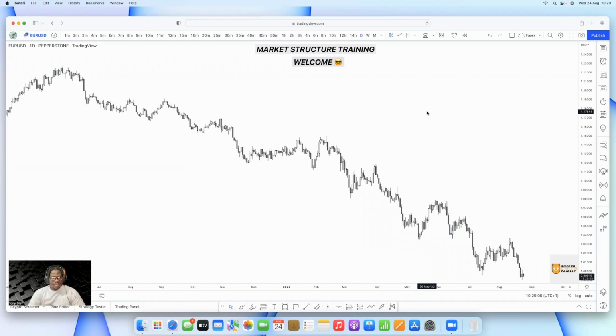So we're going back in time all the way to January 3rd, the beginning of trading this year, and looking at the market with regards to market structure. What was the structure of the market? What are the opportunities therein, in relation to market structure?